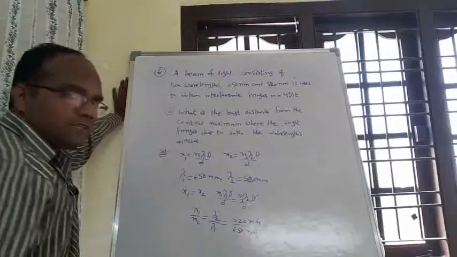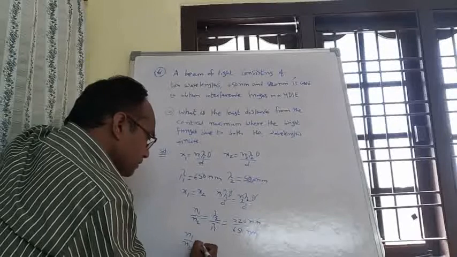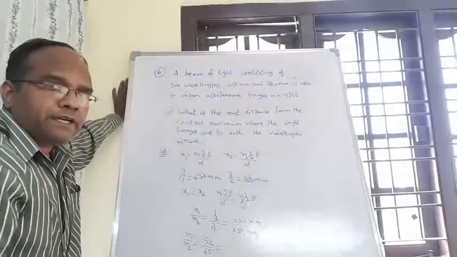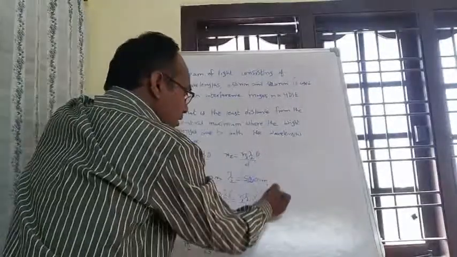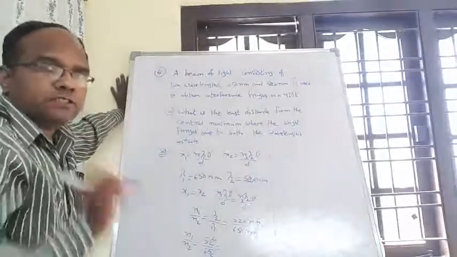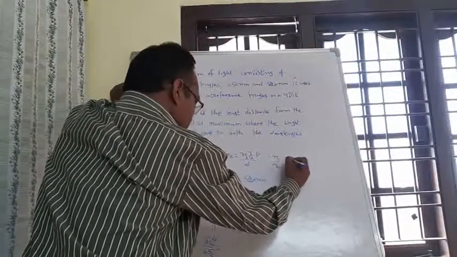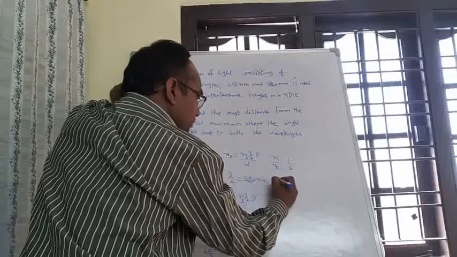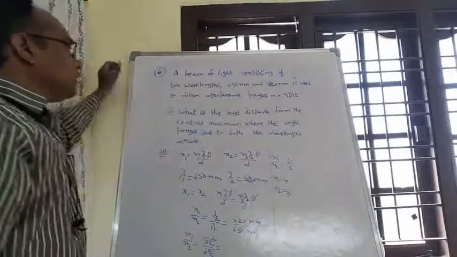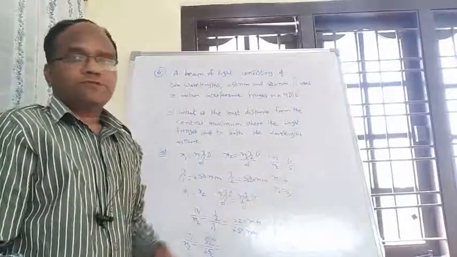Nanometer cancels. Zeros cancel. So n1 by n2 is equal to 52 divided by 65. 13 4s are 52, 13 5s are 65. So n1 by n2 is equal to 4 by 5. The meaning is n1 is equal to 4, n2 is equal to 5. So the bright fringes coincide at n1 is 4, n2 is 5.